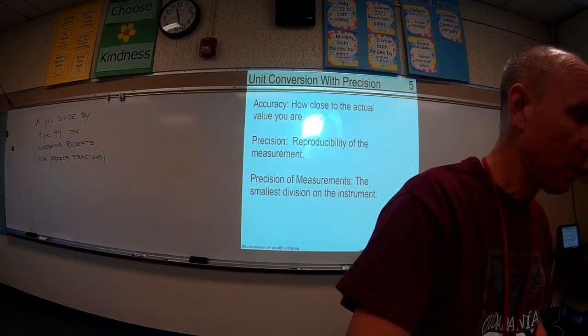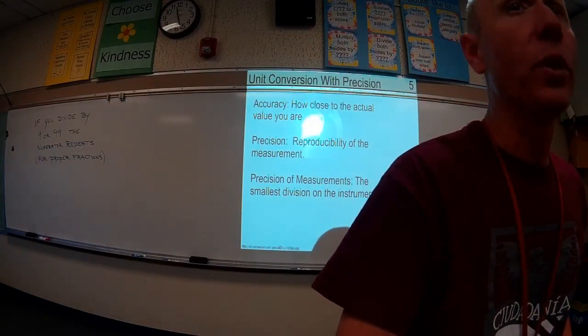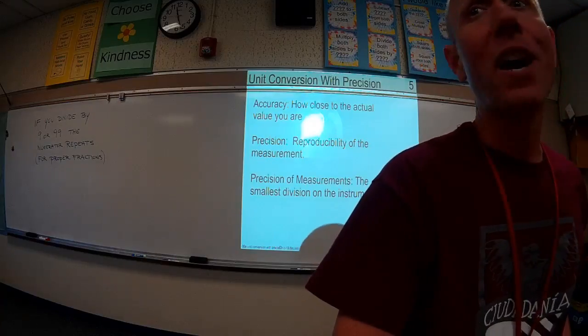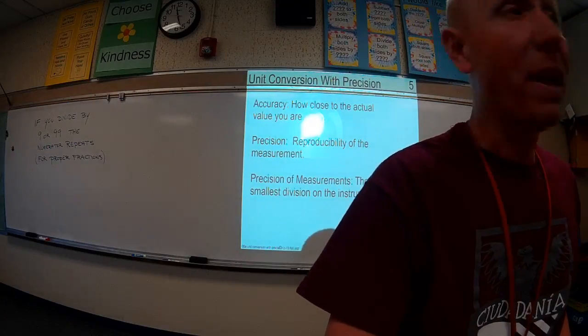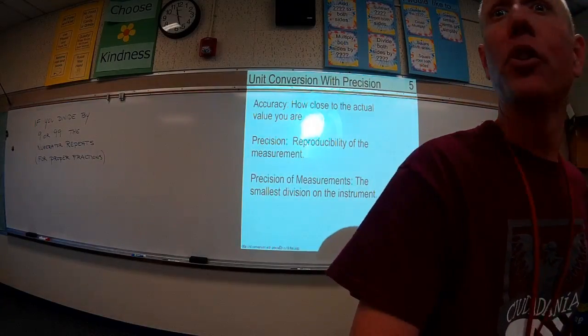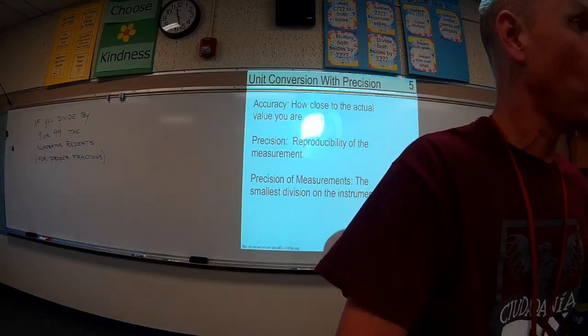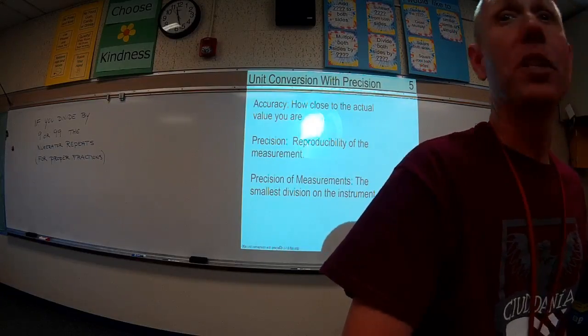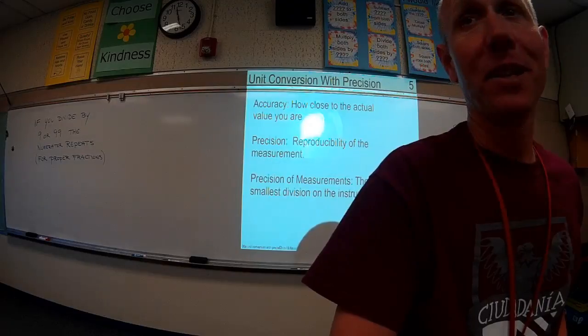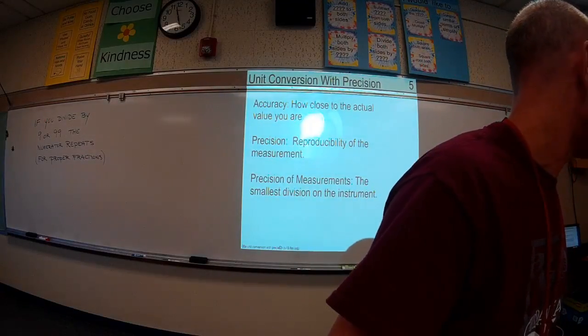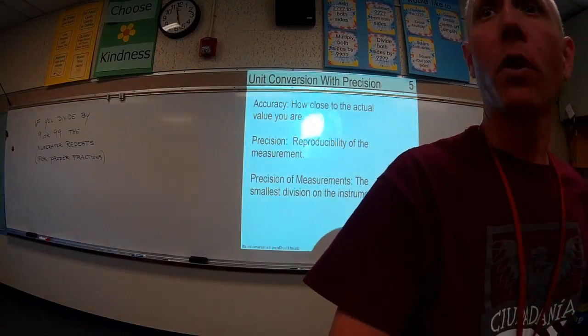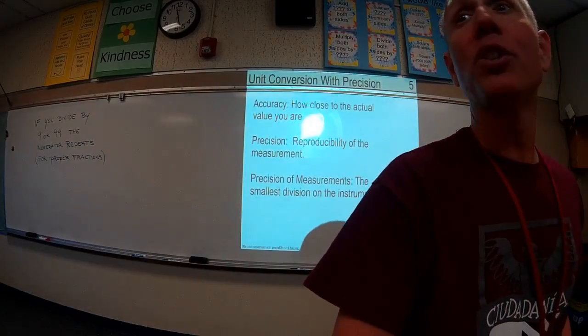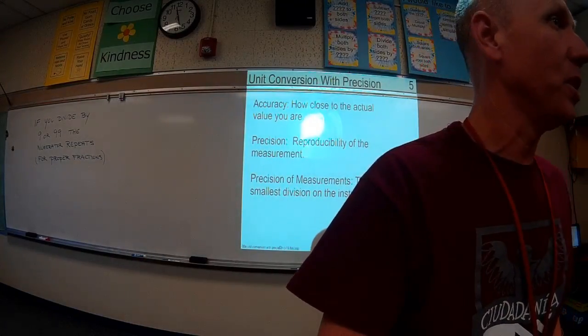Is it 28.4? She's saying no, it's not 28.4. I am not accurate. My accuracy is bad. My precision is really good because I'm saying 28.4, which is more precise than this 28. I am not accurate, but I'm precise. I measured again, 28.4. I measured again, 28.4. My precision is pretty good. My accuracy is bad.